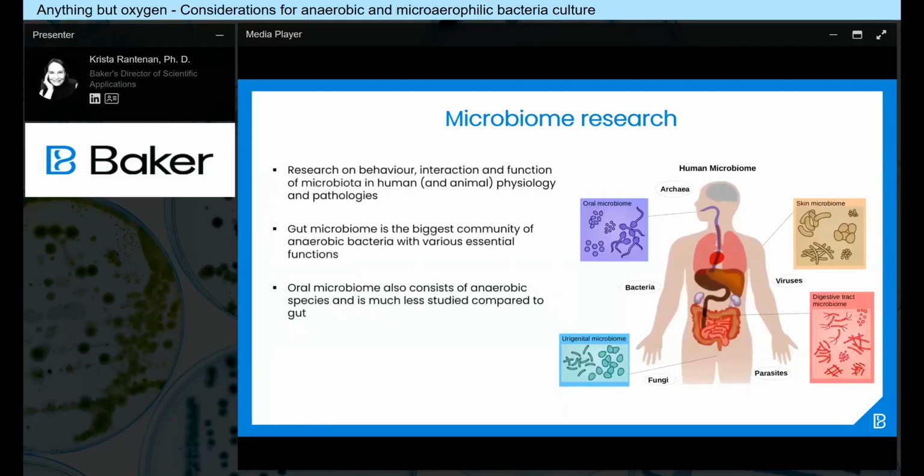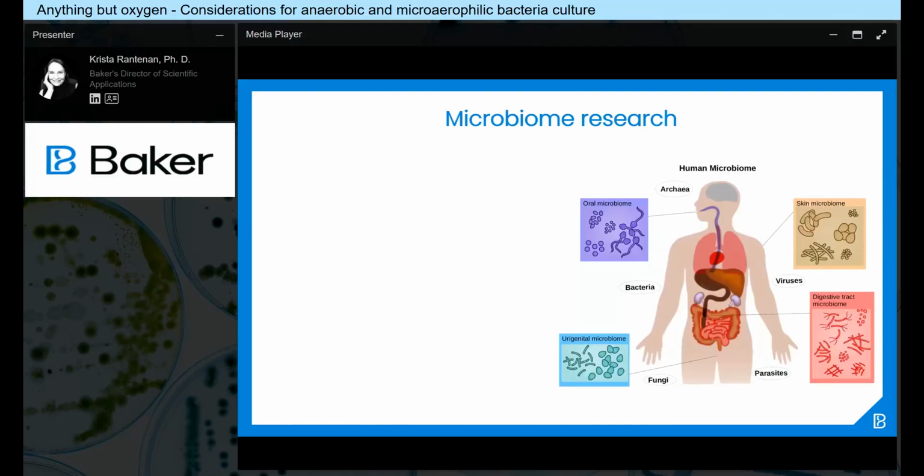Also, the oral microbiome and urogenital microbiome consist mainly of anaerobic species, although these are much less studied compared to the gut. However, it is very clear that these two play a very significant role in human health and disease.